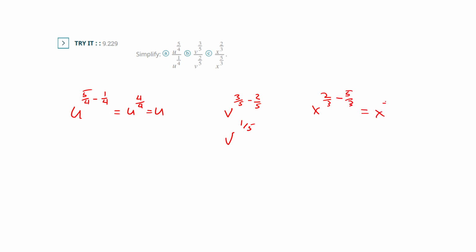This would be x to the negative 3/3, which is x to the negative 1, which could be moved down below. Okay, so I'm just subtracting again. They have a common denominator, so it's not too hard. I would move it down below.